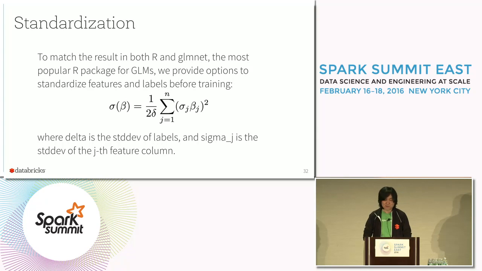And there are a couple of tricks we did, and we don't have too much time to go over them. One trick is to match R and R's popular package like glmnet. So we just support options to do different kinds of standardization or preconditioning to make the problem well behaved and then easier to solve.